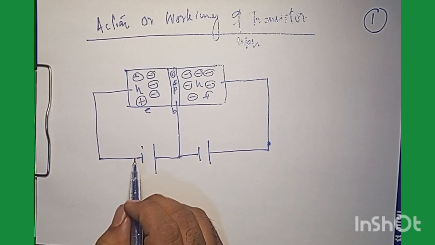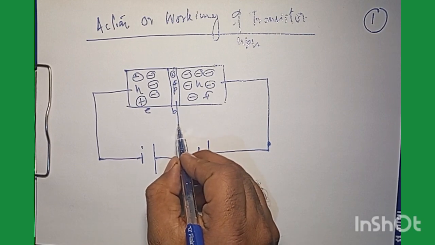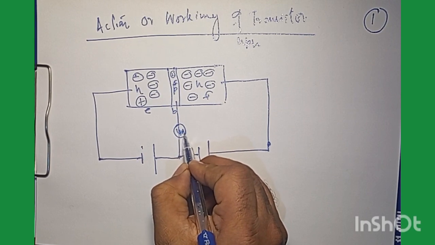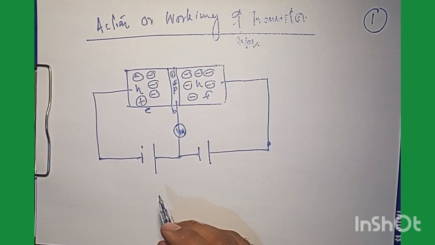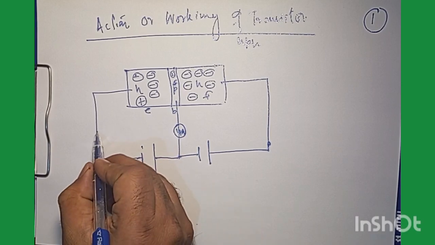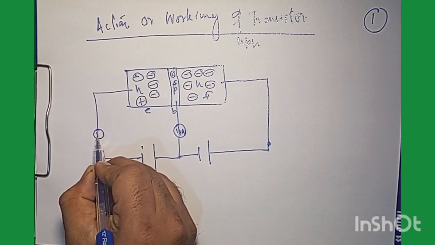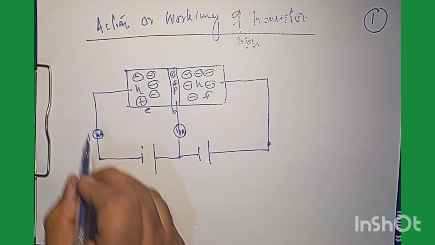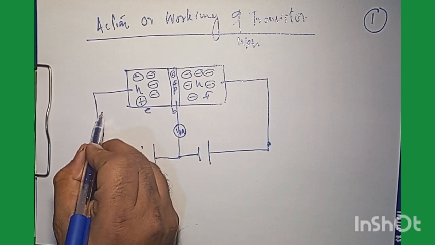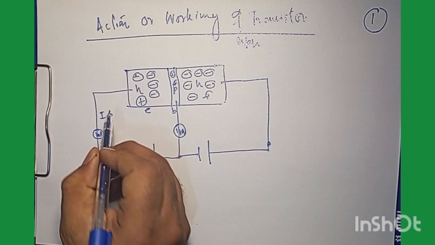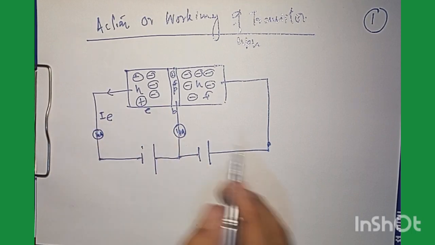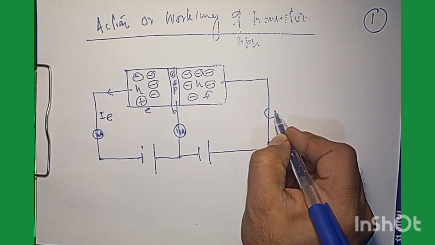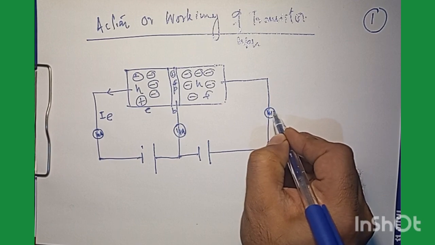Now we can think of a microammeter here, and that microammeter will give us the measure of the base current, and we would like to have a milliammeter here. This milliammeter will give us the measure of emitter current. So this is my emitter, so the current I will have here is the emitter current. Here I would like to have another current meter, giving me current in milliamps.